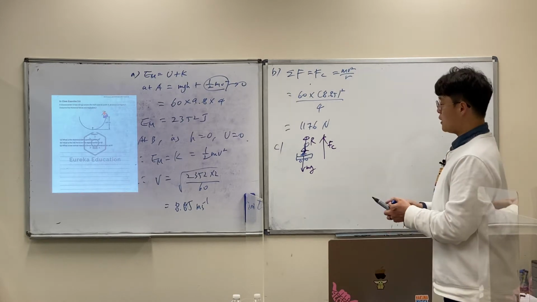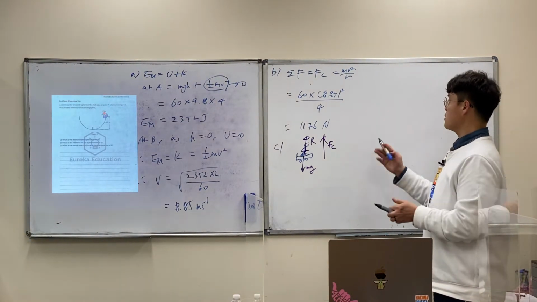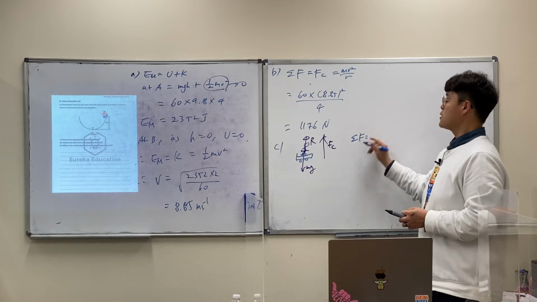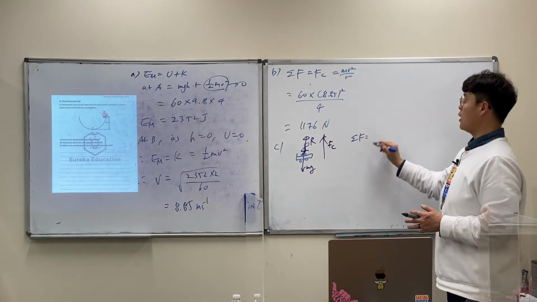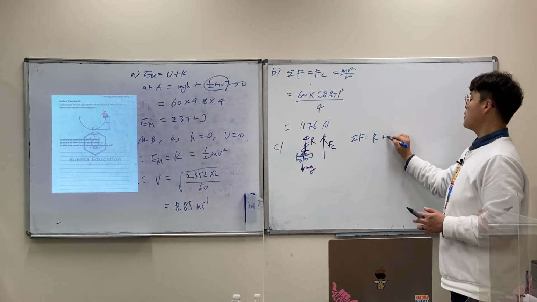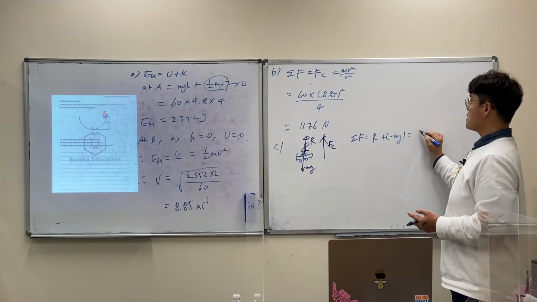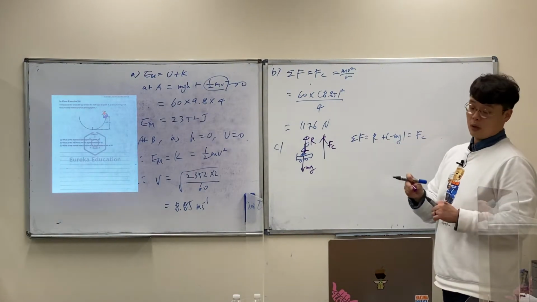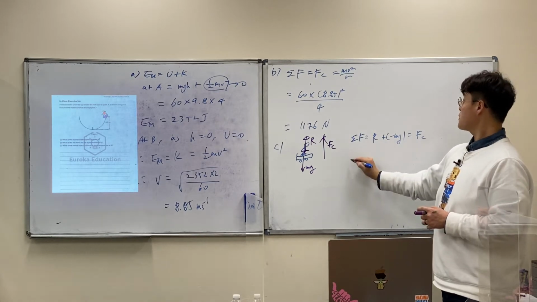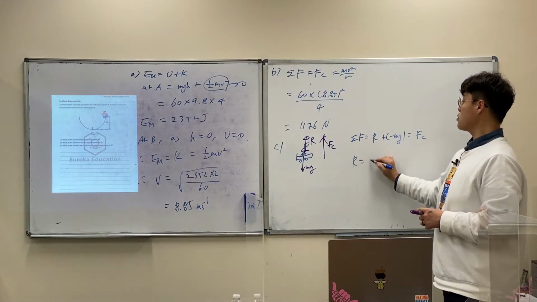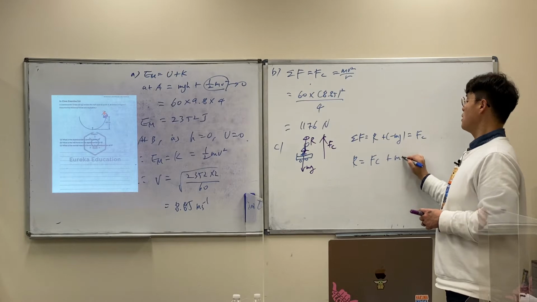Combining them, the net force equals the positive direction R plus the minus mg, as in moving in the negative direction, which is the same as the Fc. So R would simply equal Fc plus mg.